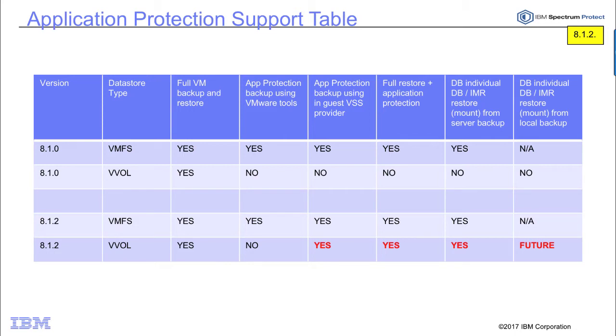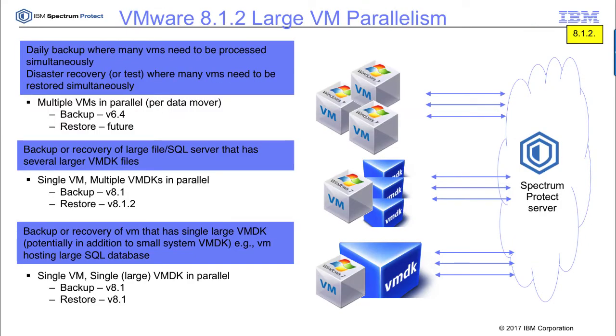If, however, the backup is stored in a persistent snapshot on a VVol, we will be doing individual database restore and individual mail restore in a future version coming up.